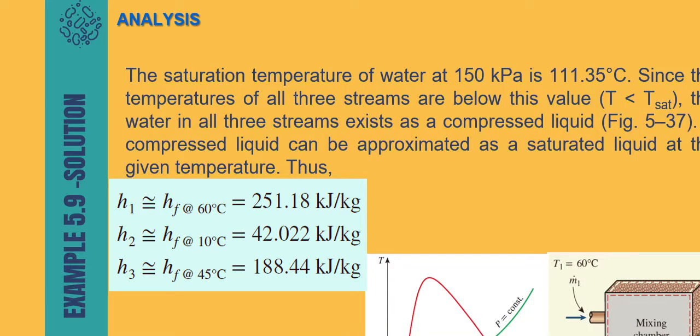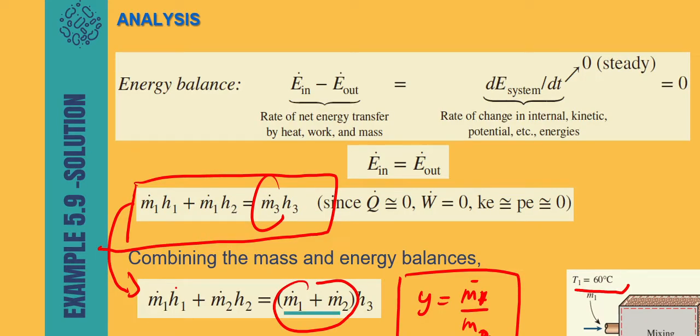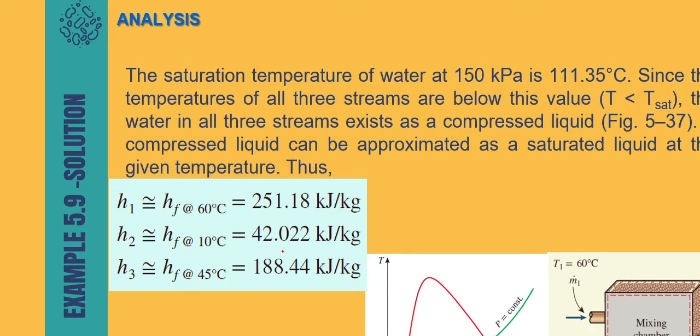Now what you need is to find the value of enthalpy: H1, H2, and H3. Before we find M1, you need to find H1, H2, and H3, the enthalpy of stream 1, stream 2, and stream 3.